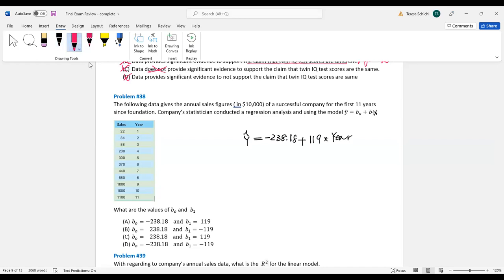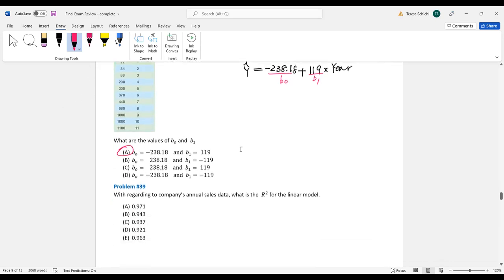So in this question, this is my B0 and this is my B1. The B0 is negative 238, B1 is equal to positive 119, correct? So the answer will be A.